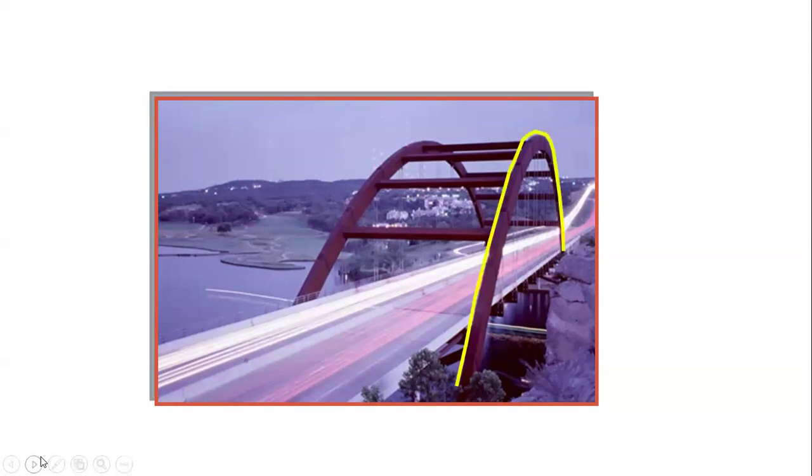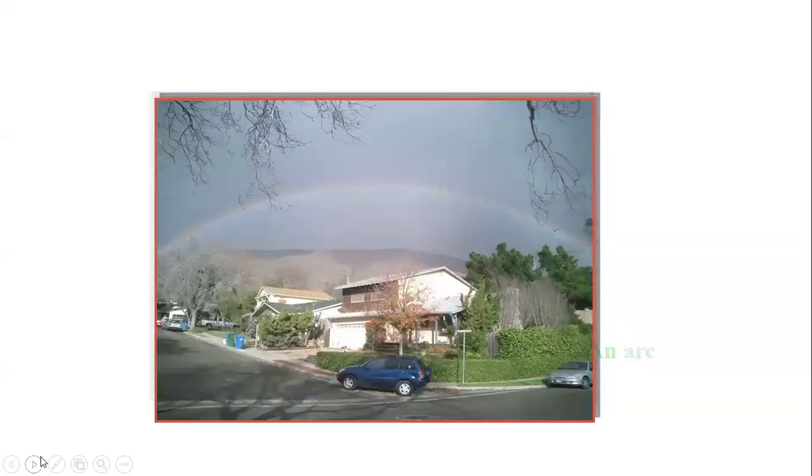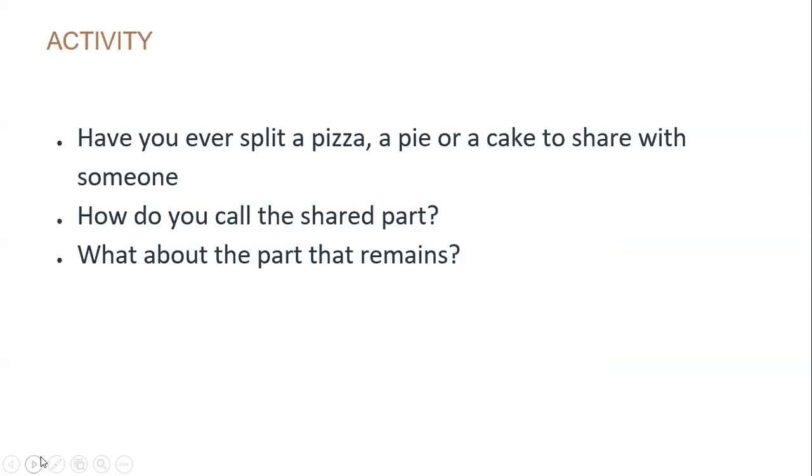That is what we call the arc. That one must be a bit familiar to you. It is similar to the rainbow. Also, it manifests itself in form of an arc. So arcs can be seen in real life through one of those parts.